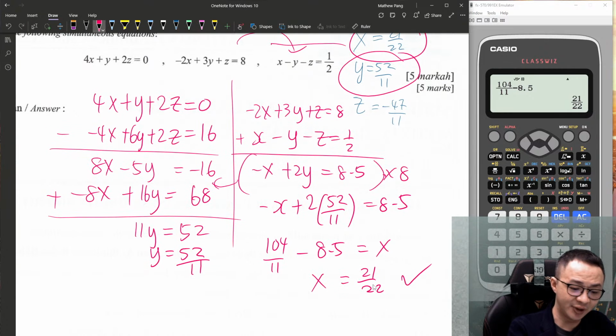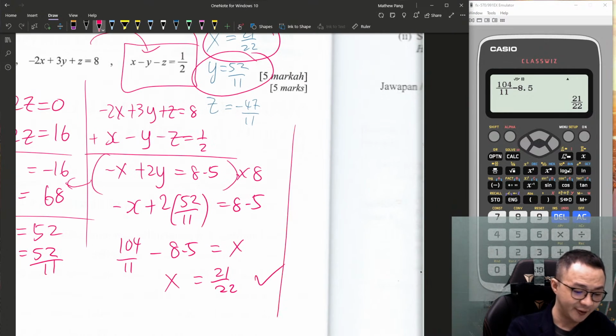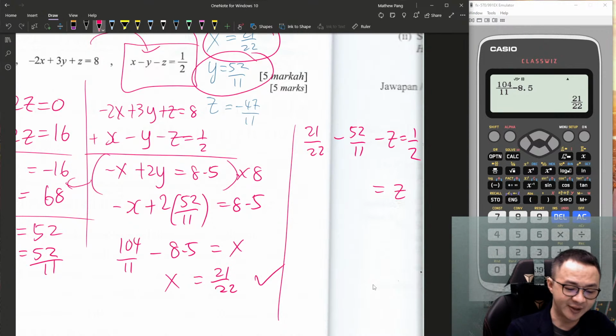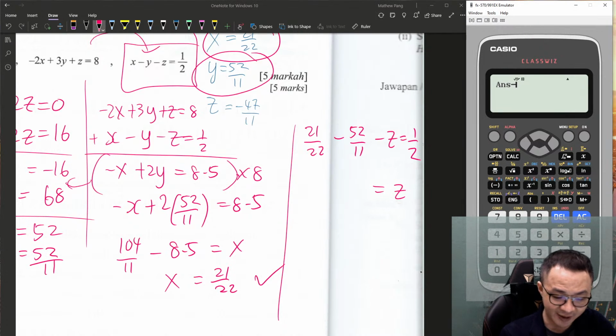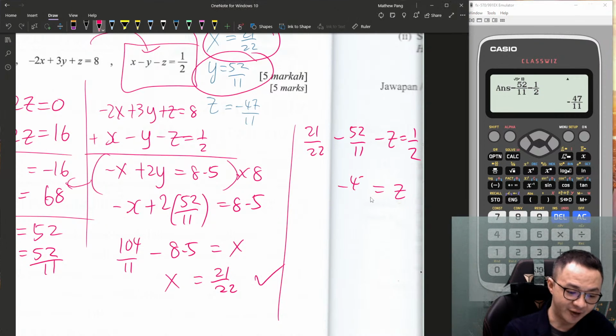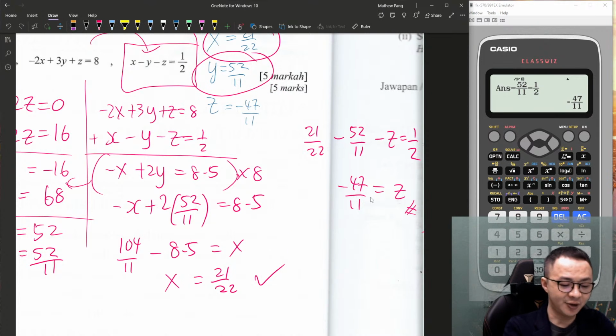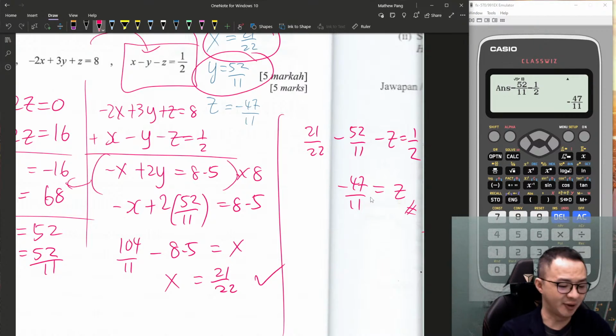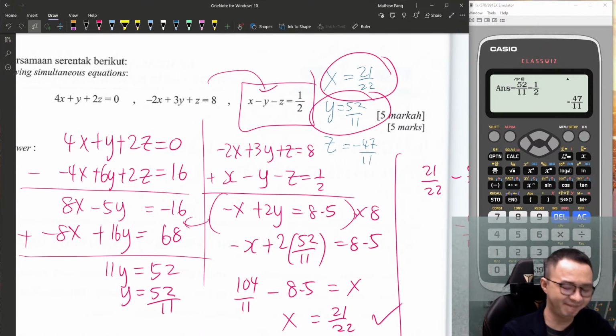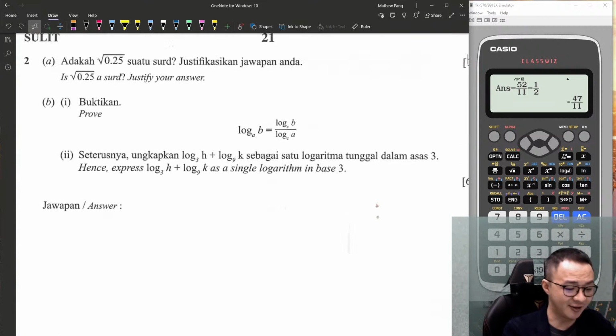So I sub back into this one, this equation looks a little easier. So x is 21/22 minus y is 52/11 minus z equals to 1/2. I'm going to move my z here, then this one going to minus 52/11, and I move my half to the other side, minus 1/2. I got -47/11. Done. Third answer, I got it. So this is how we solve this kind of simultaneous equation. 5 mark is not too bad, and you can always use the calculator to check your answer, so it should be fine.